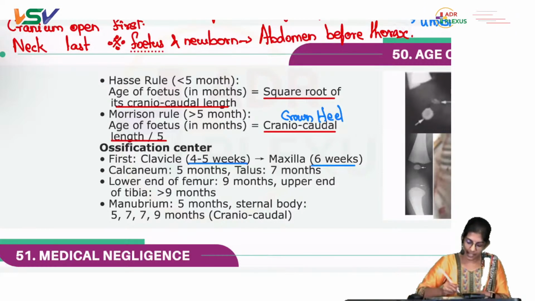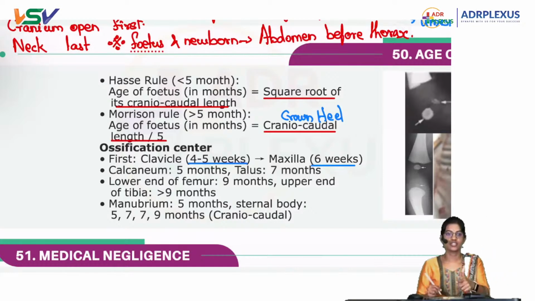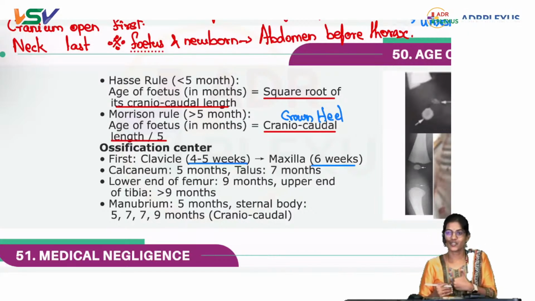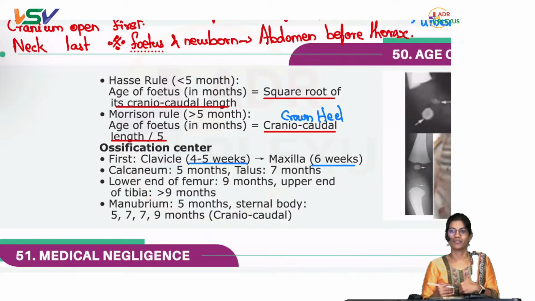Then we have certain rules. See these regions: the calcaneum, the manubrium, the lower end of femur. We open the chest of the fetus and examine the sternum, the manubrium and the sternal body.